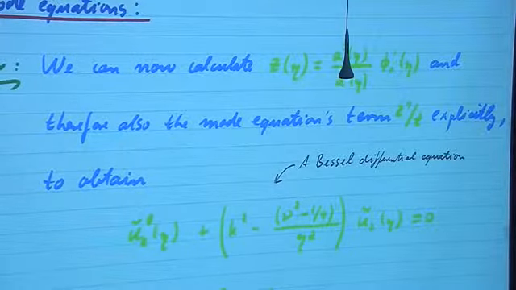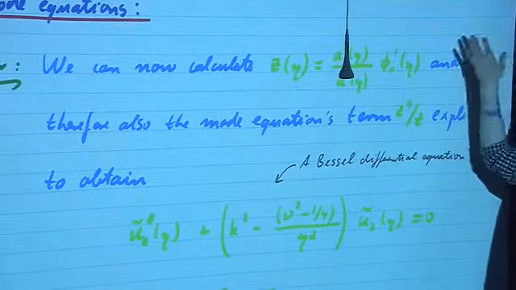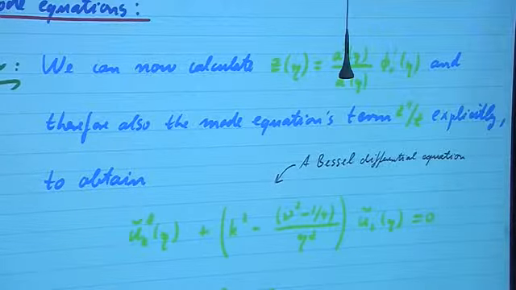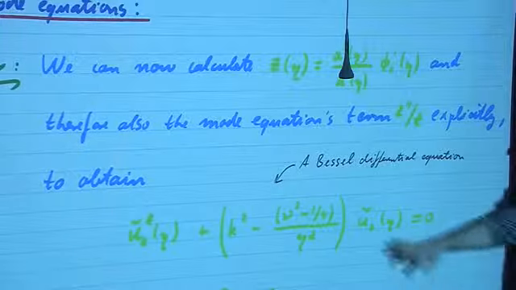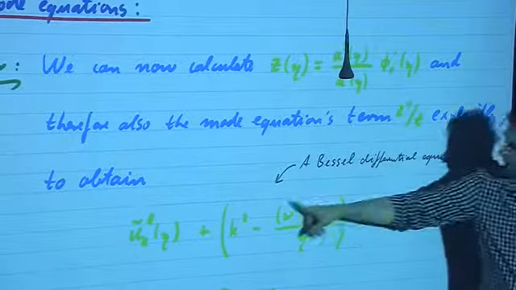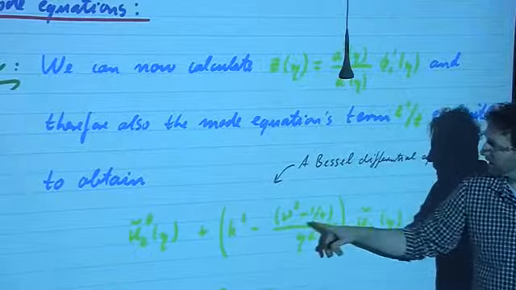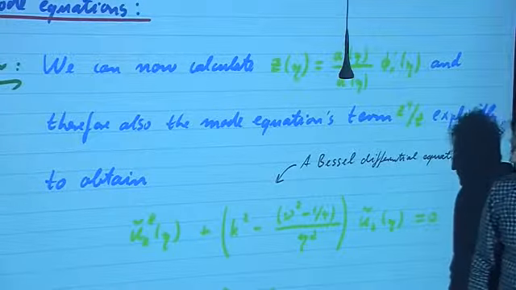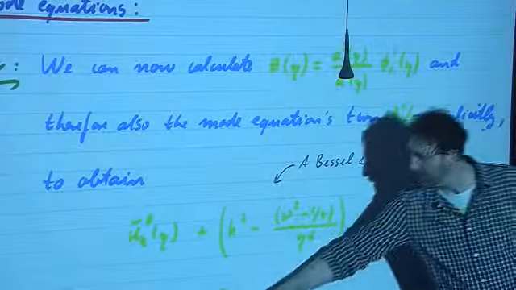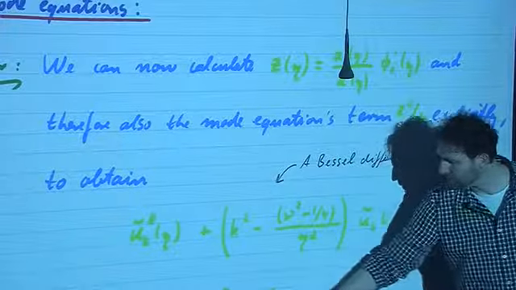And what we find, it's a little tedious to plug it in, but it's totally straightforward. What we find is that the z double prime over z becomes this expression here, nu squared minus a quarter over eta squared, where the nu is 3/2 plus c over 1 minus c.